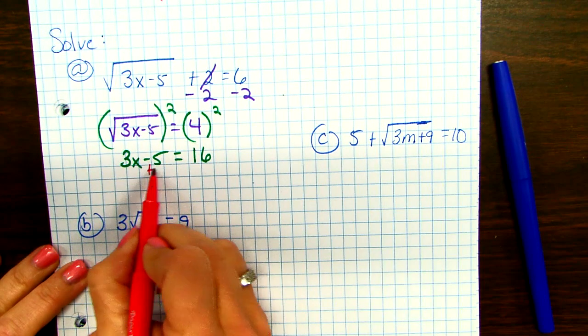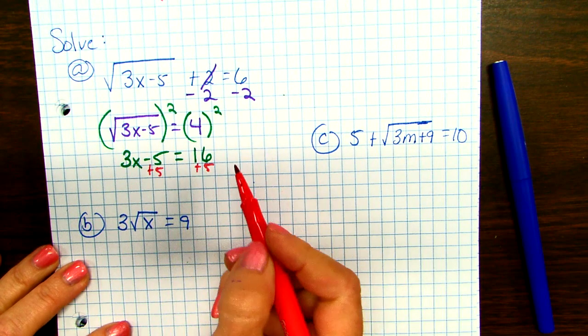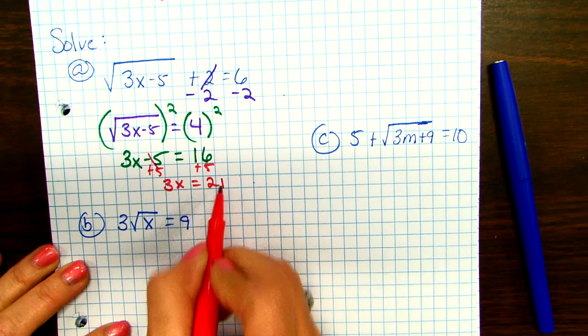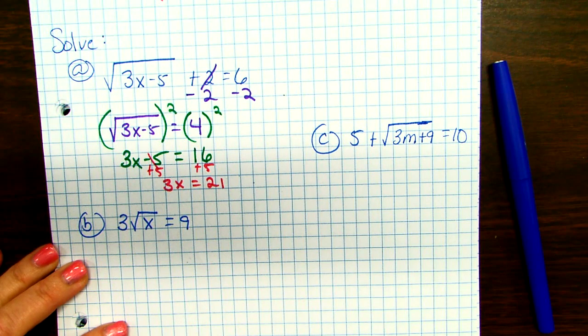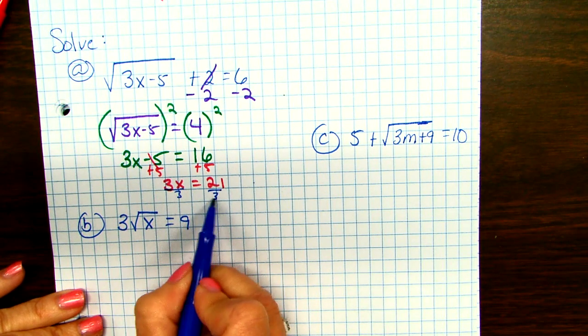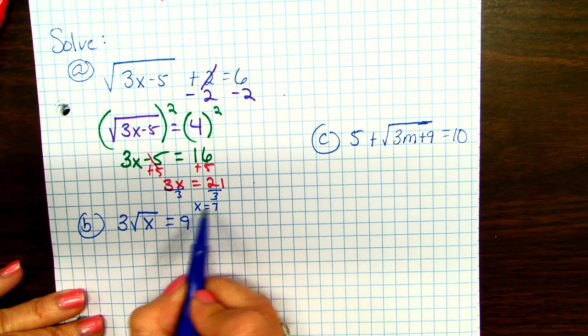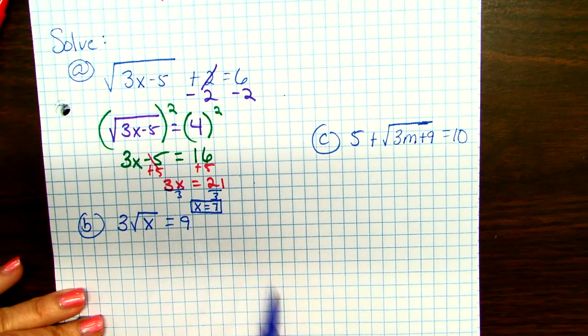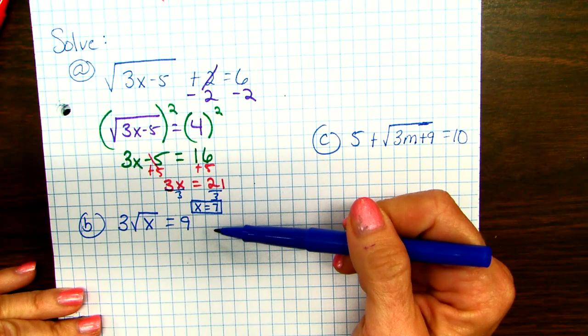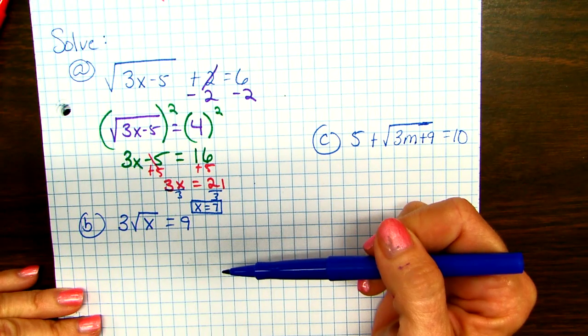I don't know when you started learning this stuff. So plus 5, I get 21. Divide by 3, and x is 7. So the solution to this equation is 7. Okay?